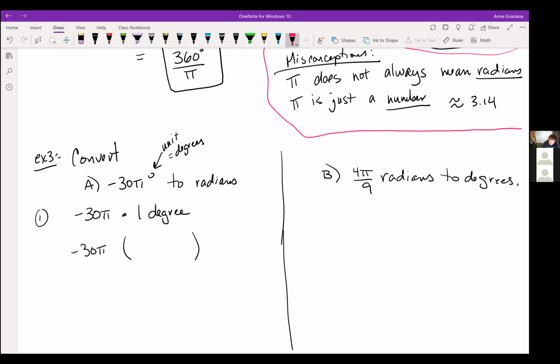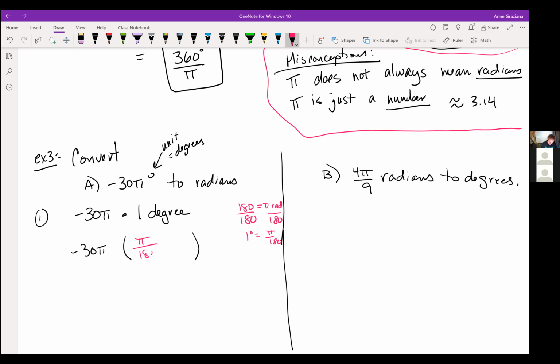All right, well, let's go over here and do it. 180 equals pi radians. I need 1 degree, so I'm going to divide by what? Am I going to divide by 180 or am I going to divide by pi? 180. So 1 degree is pi over 180.